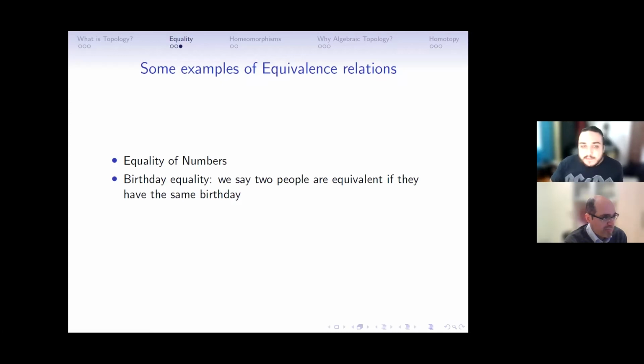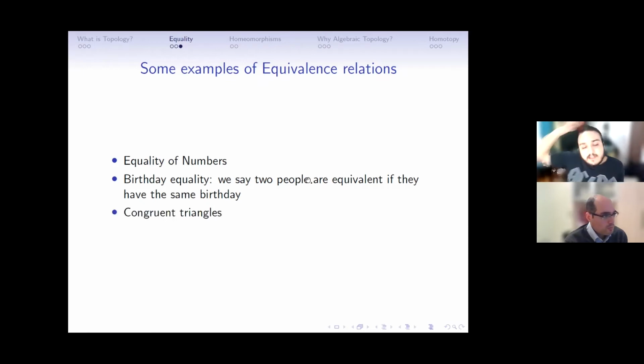And if I have the same birthday as you and you have the same birthday as someone else, I also have the same birthday as that someone else. In this case, the equivalence classes would be the days of the year. We all put ourselves in these boxes, so everyone who has their birthday on that day is part of that box.